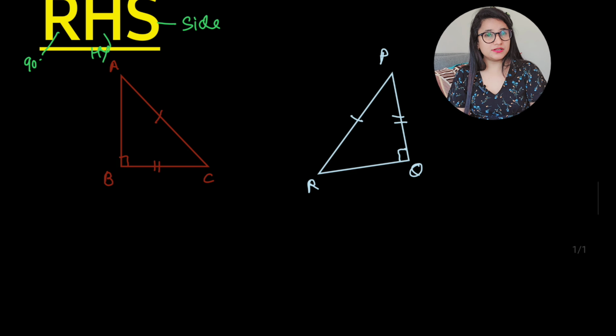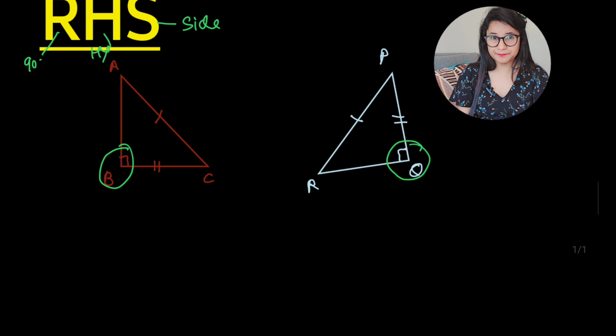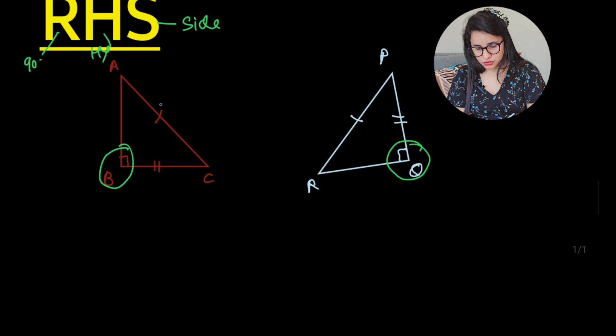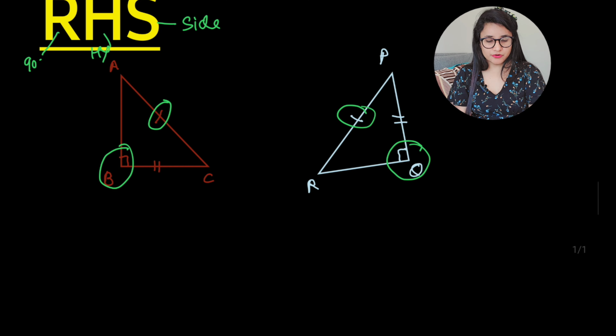Now in this triangle, if you see it, angle B is equal to angle Q because both are 90 degrees. And hypotenuse AC is equal to hypotenuse PR. Remember, hypotenuse is very important in this side because if it is not hypotenuse, then your particular property will not be applicable. The property will change.